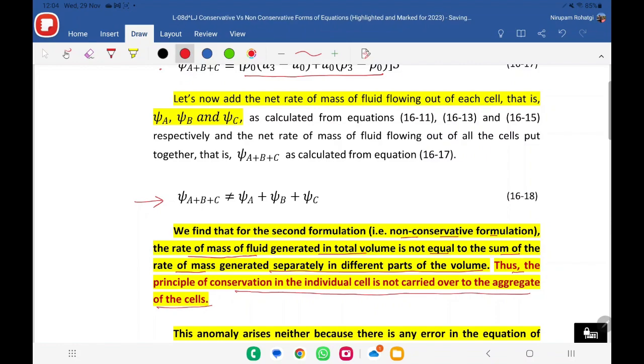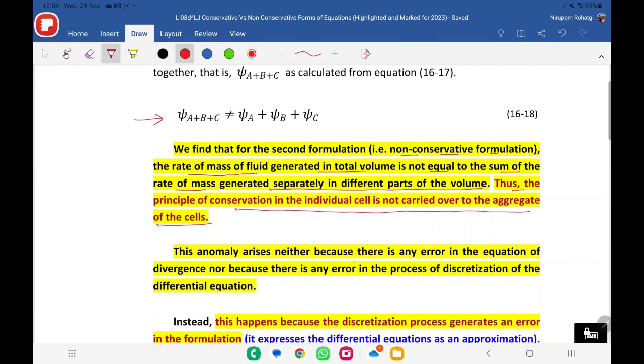Right? So this anomaly arises neither because there is an error in the equation of the divergence, nor because there is an error in the process of discretization. These errors are not because of the original physical equation, nor because of the process of discretization.